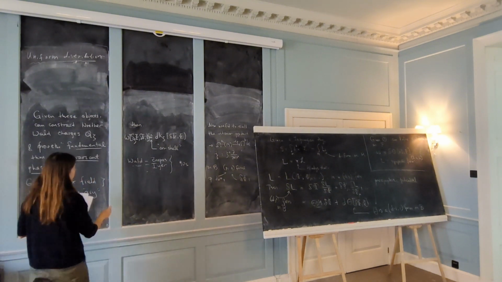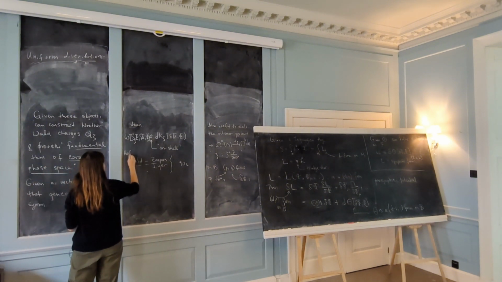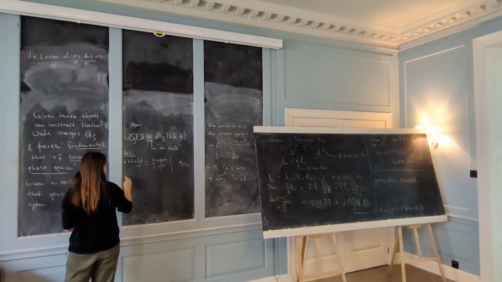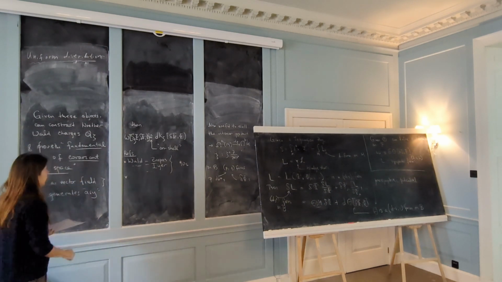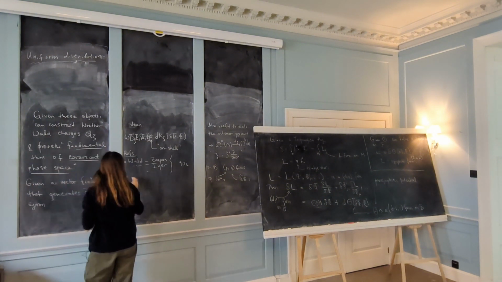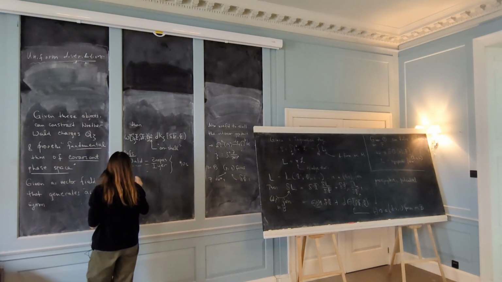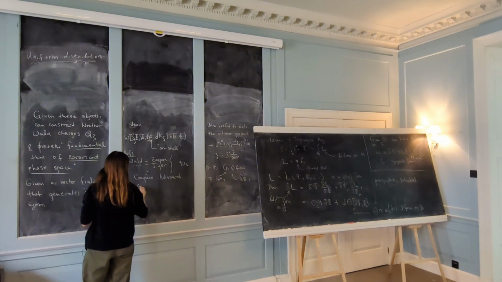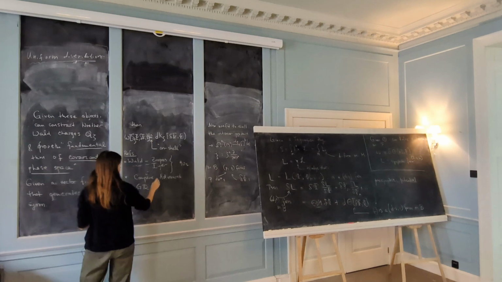So you can look these up. And then a nice review of all of these ideas, including a proof of this fact, is also given in Geoffrey Compère's advanced notes on general relativity.